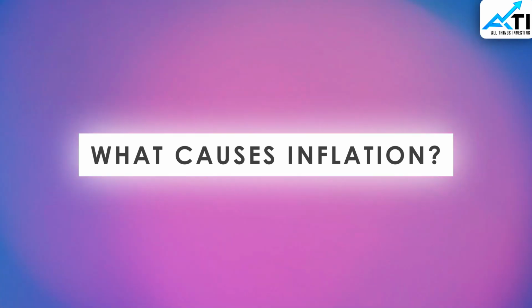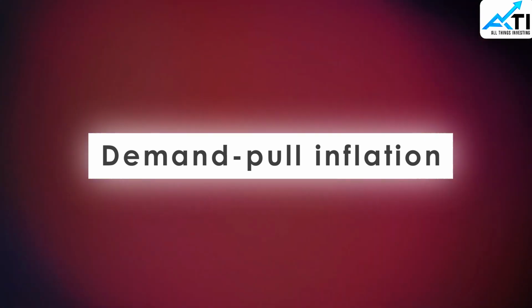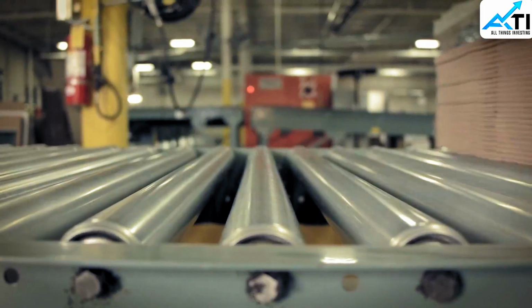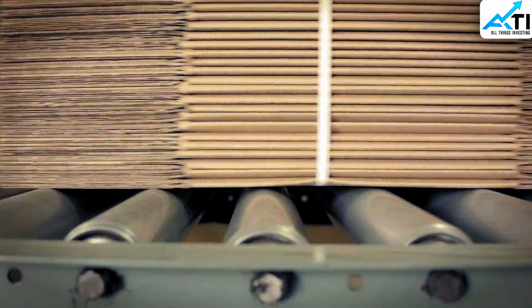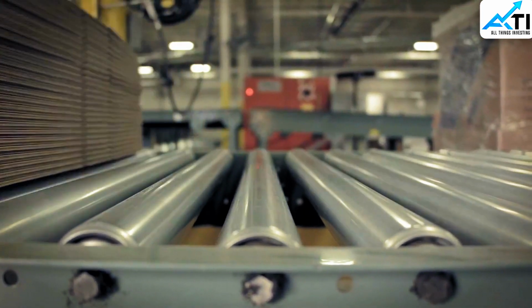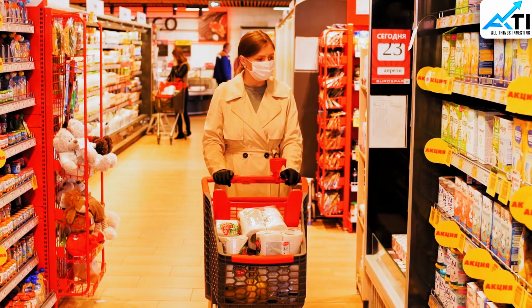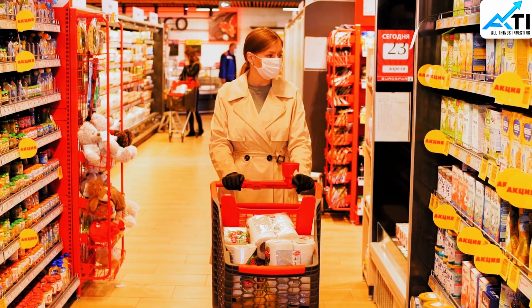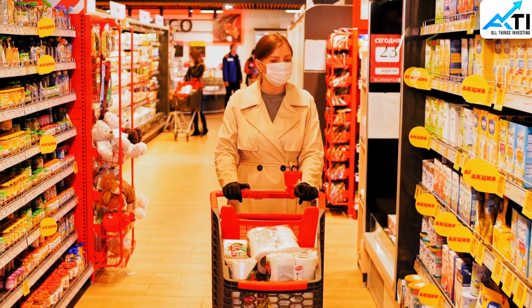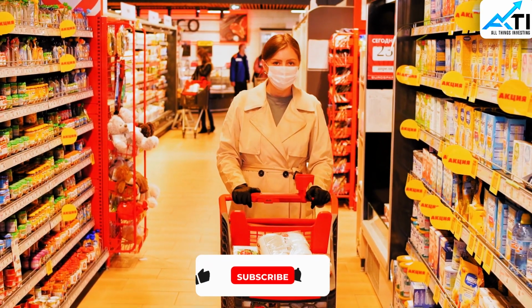What causes inflation? There are three main causes of inflation: demand pull inflation, cost push inflation, and built-in inflation. Demand pull inflation refers to situations where there are not enough products or services being produced to keep up with demand, causing their prices to increase. Cost push inflation, on the other side, occurs when the cost of producing products and services rises, forcing businesses to raise their prices.